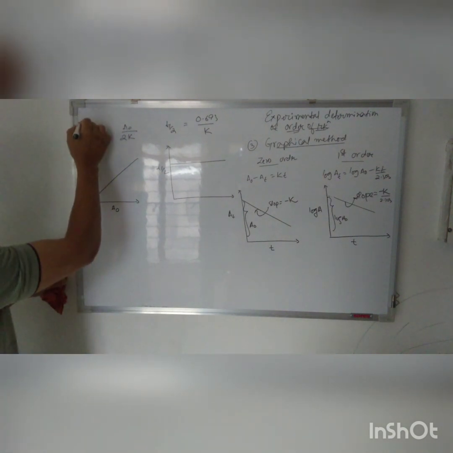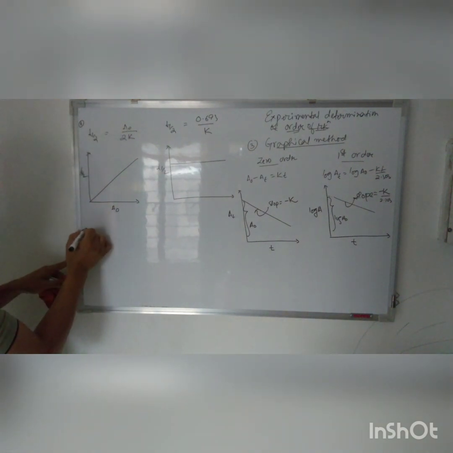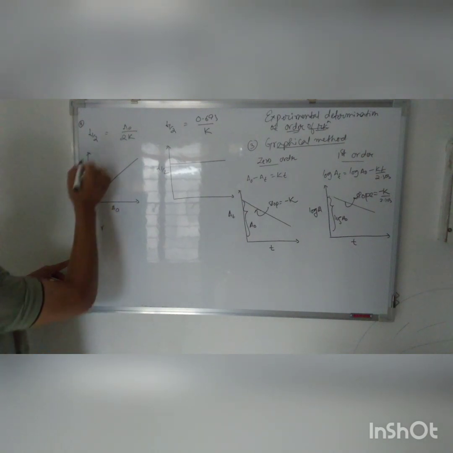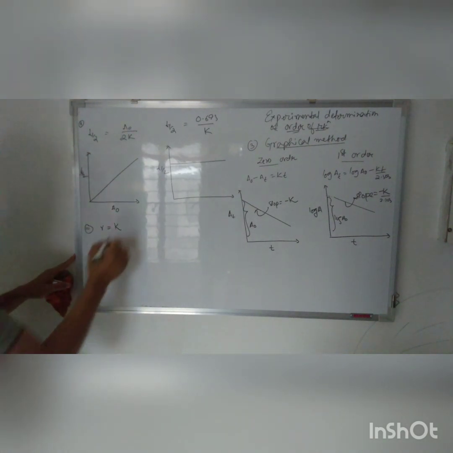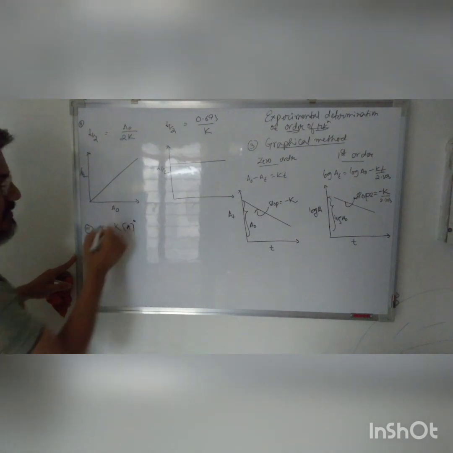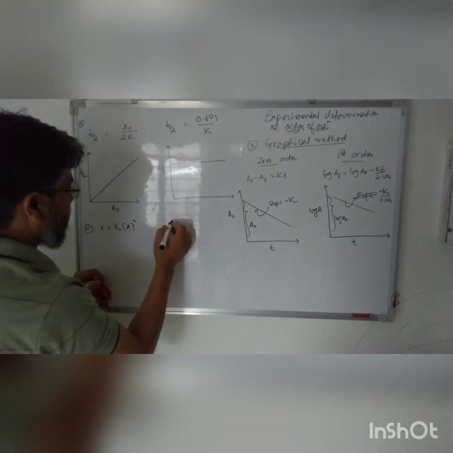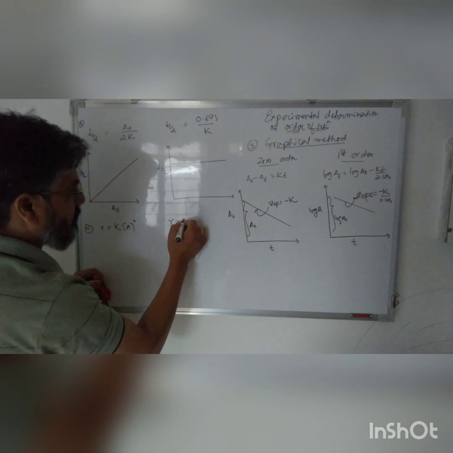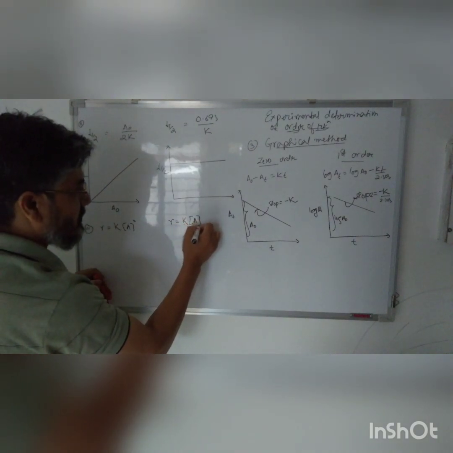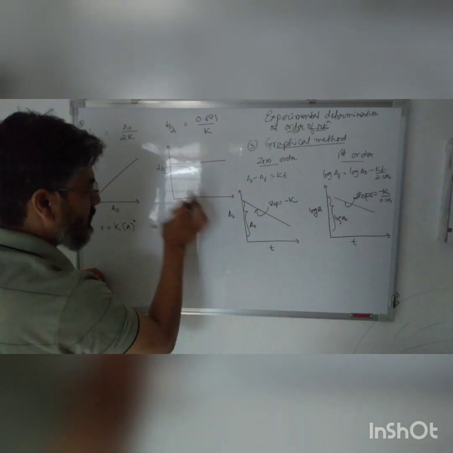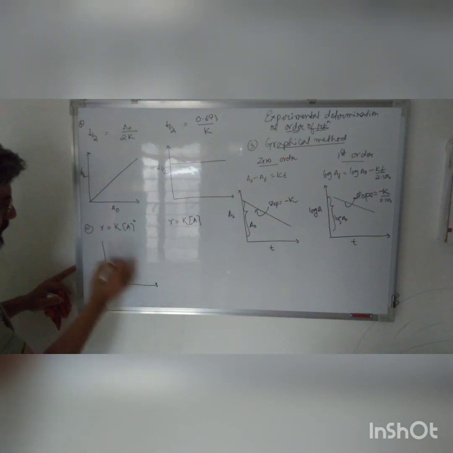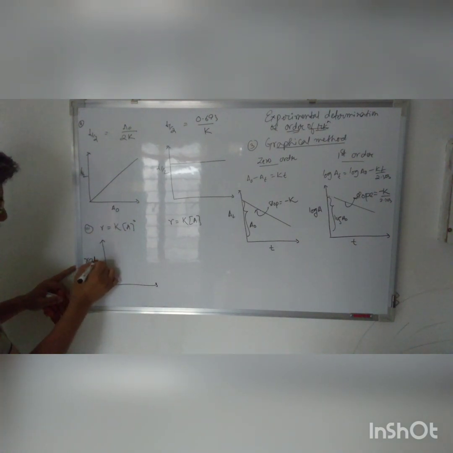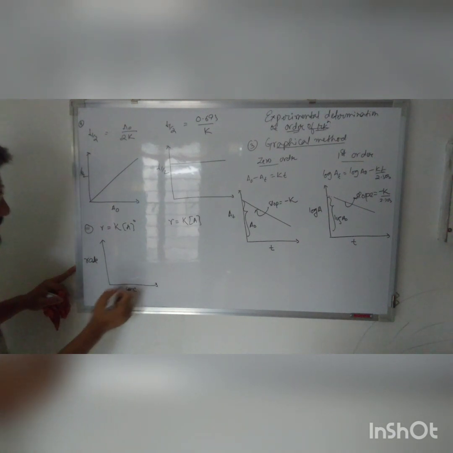The other one is we can use rate of reaction also. For zero order kinetics, rate is equal to rate constant k. This is independent of the concentration. For first order kinetics, rate is equal to rate constant k into concentration of A, order is 1. So we have rate versus concentration.